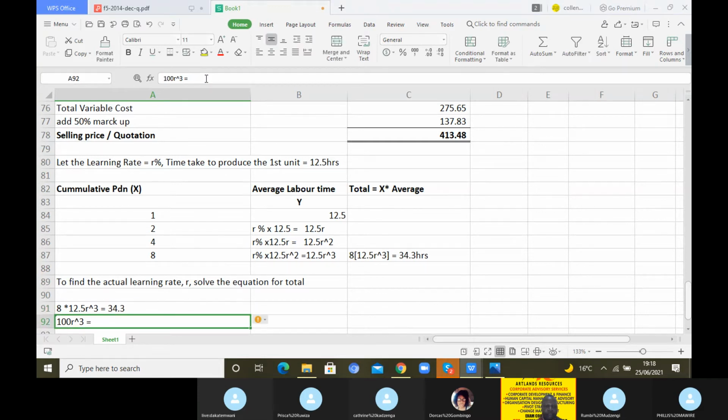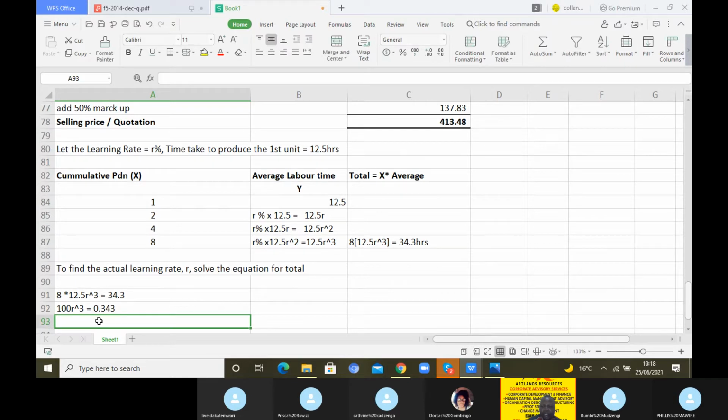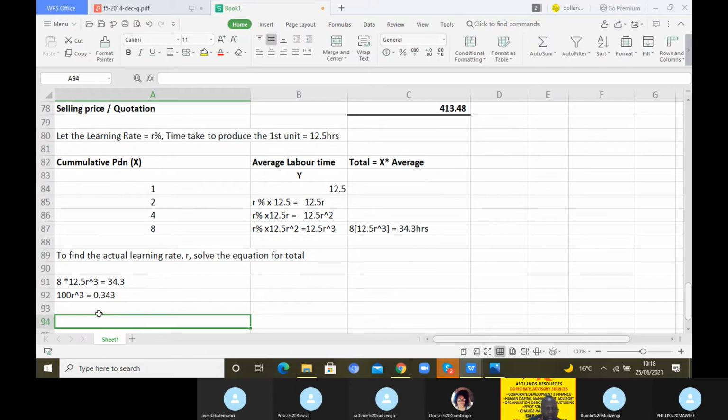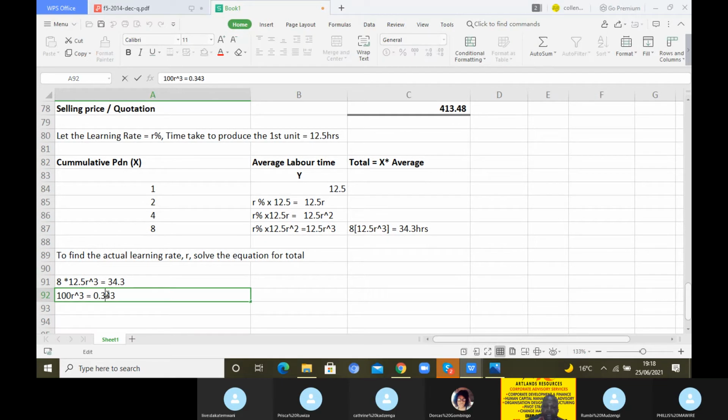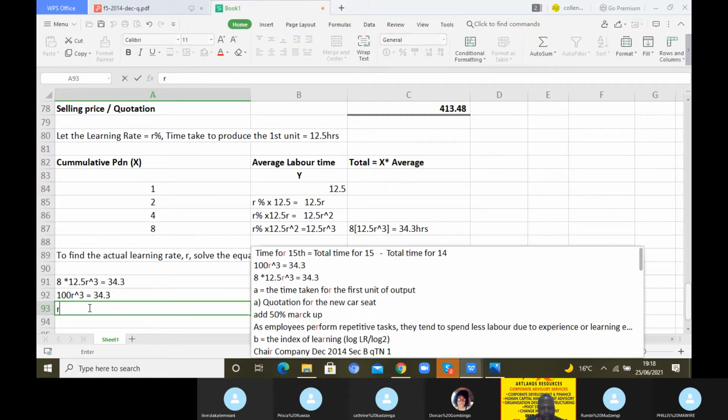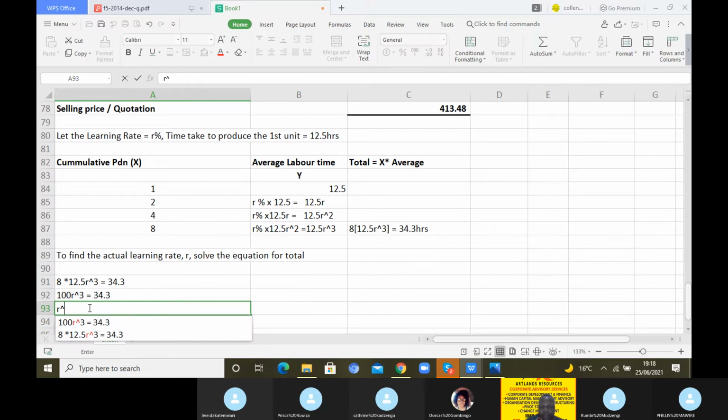34.3, and then you say R cubed equals 0.343.